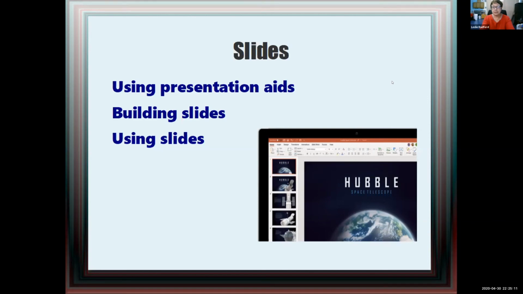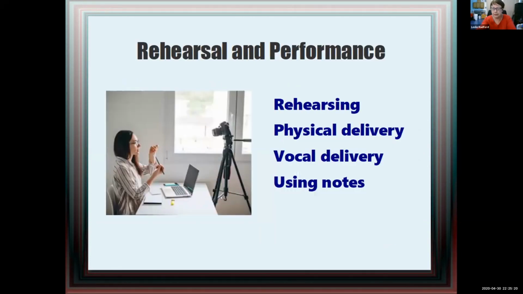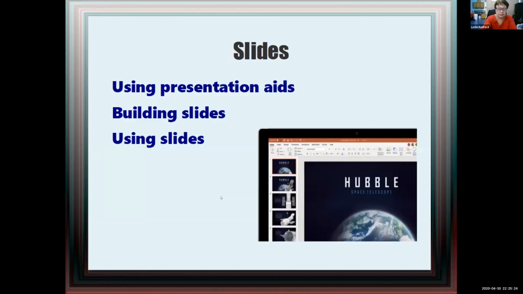Particularly using slides, as I've said, you can make them do this. Not that. Does anyone know how I did that? Just click it. Nope.